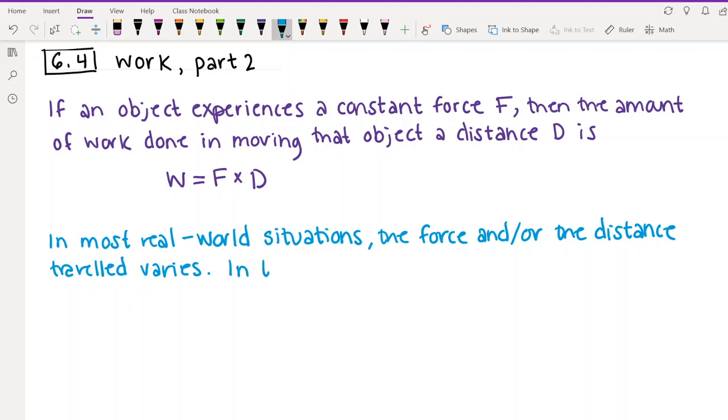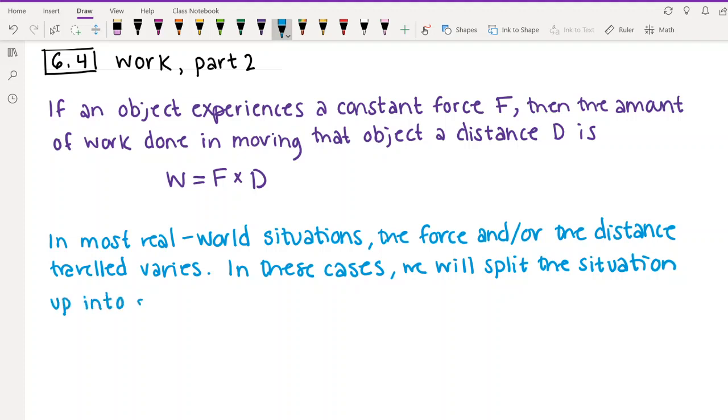So in these cases, our general approach is that we're going to basically split the situation up. I know this is going to sound very conceptual, but I promise we'll do some concrete examples in a moment. So we'll split the situation up into small pieces, and then for each of those pieces, we'll assume that the force and the distance are constant.